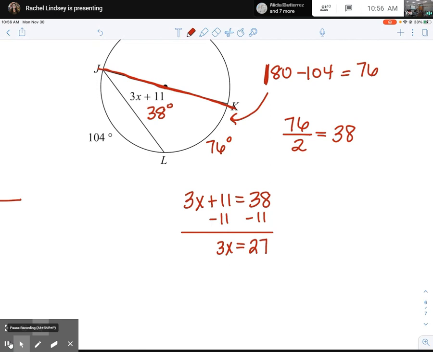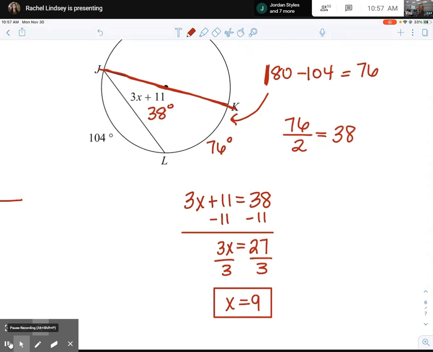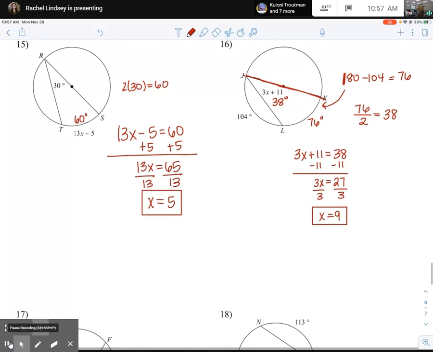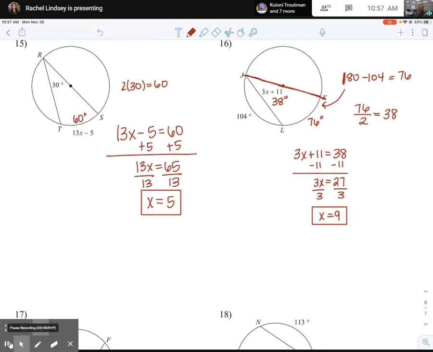What's 27 divided by 3? 9. Okay, any questions on 15 or 16?